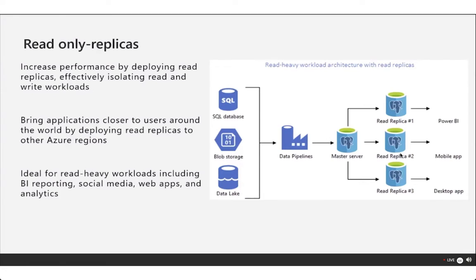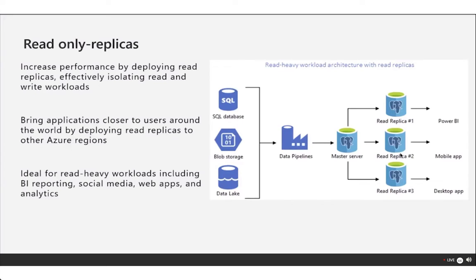A very common scenario is business intelligence, where you need to do reporting, and you can have minutes of delay, some latency between these workloads, in order for you to represent results and data to the business.